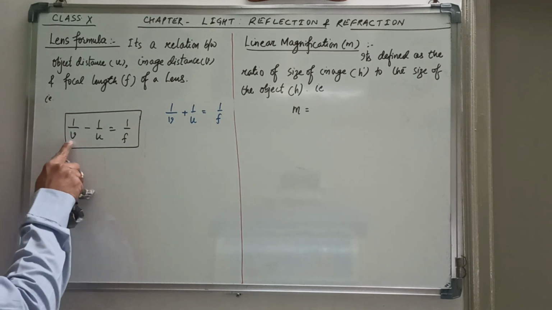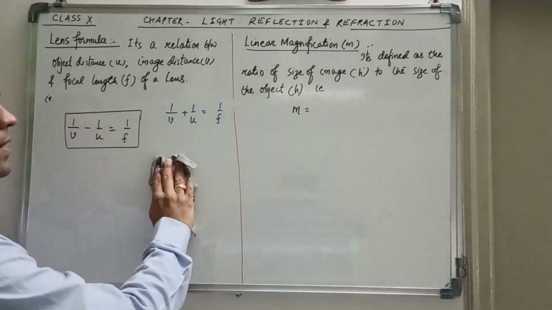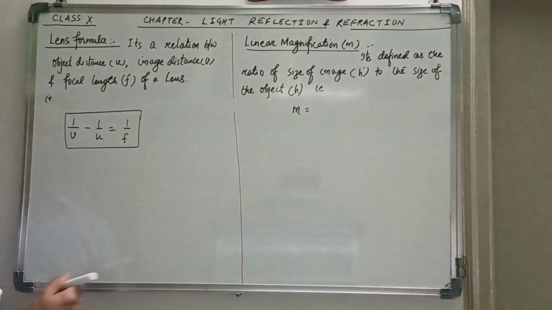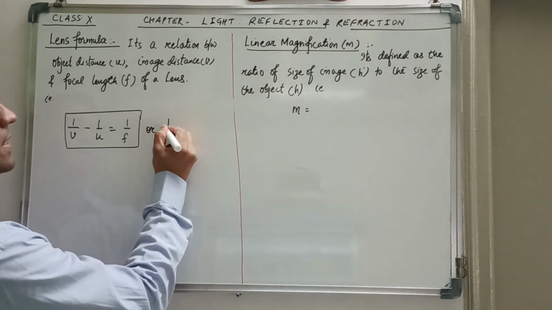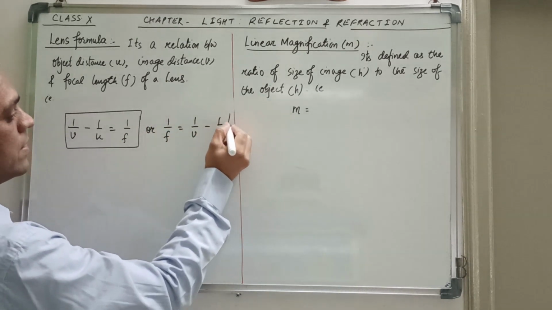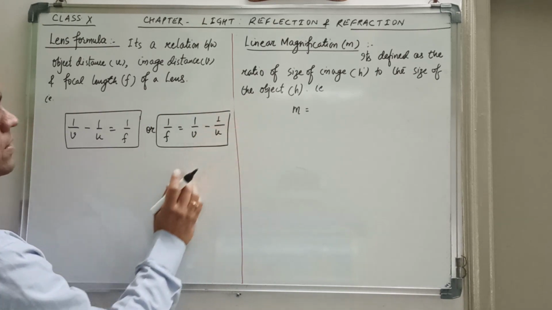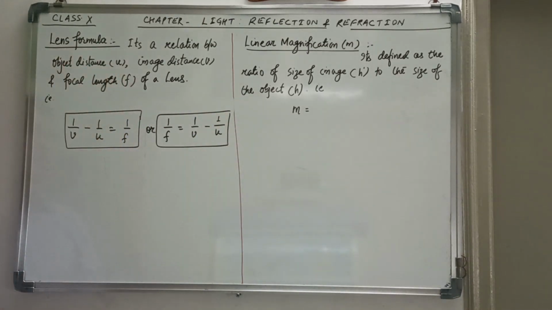The symbols: v is the image distance, u is the object distance, and f is the focal length. Many times we write the same formula as 1 upon f is equal to 1 upon v minus 1 upon u. We call this relation the lens formula.